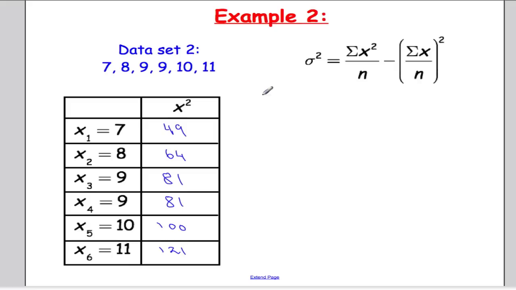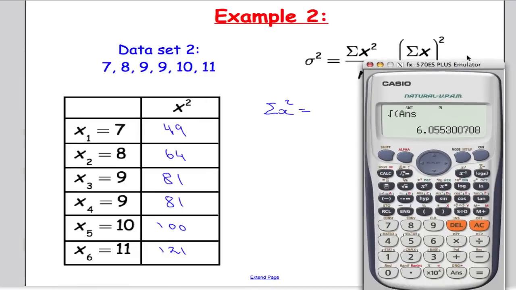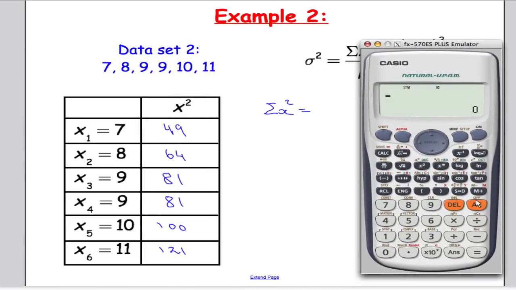Now for this formula, I'm going to need the sum of the squares. That means I need to sum up all of these answers. So again, taking out our calculator, we get 49 plus 64 plus 81 plus 81 plus 100, and finally 121. That gives me 496.